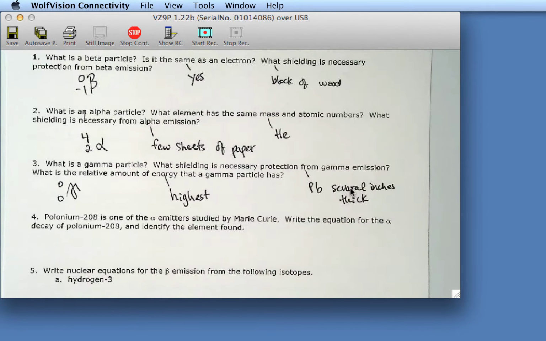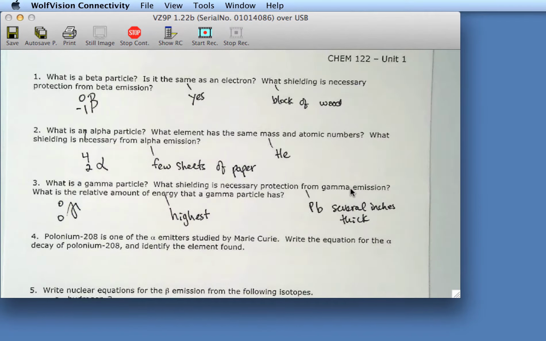Okay, so on page 34, these were just kind of a review of the different properties of the alpha, beta, and gamma particles. The one thing I wanted to point out that I didn't mention earlier was the time you're exposed to radiation.